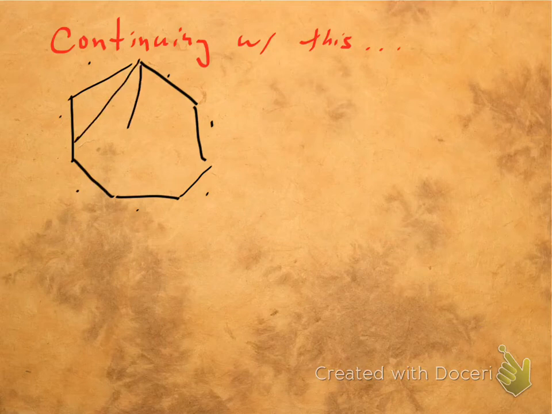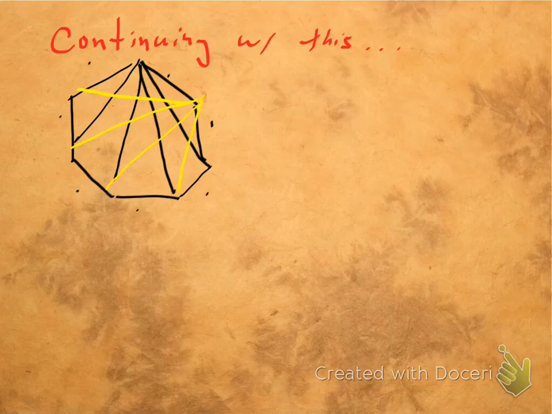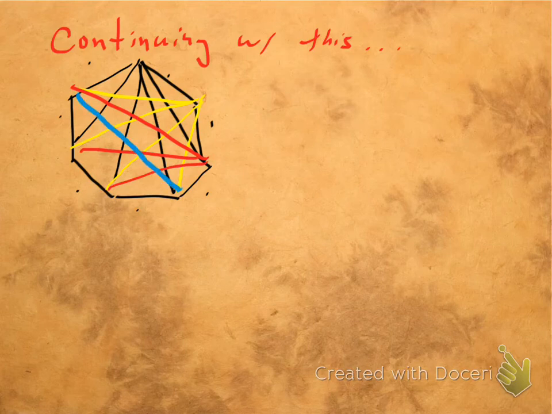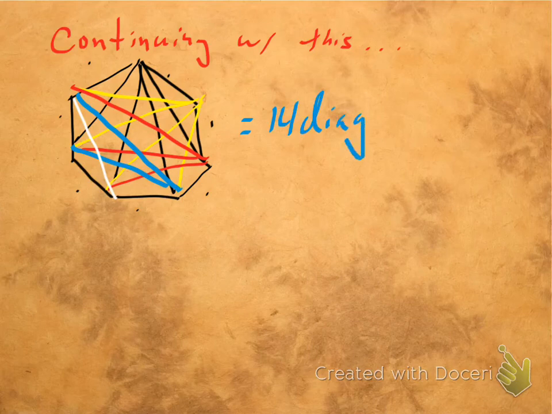I'm going to have 1, 2, 3, 4, 5, 6, 7, 8, 9, 10, 11, 12, 13, and then finally, let's use white here, we haven't used that yet, 14. And that's exactly what we expected. We expected 14 diagonals.